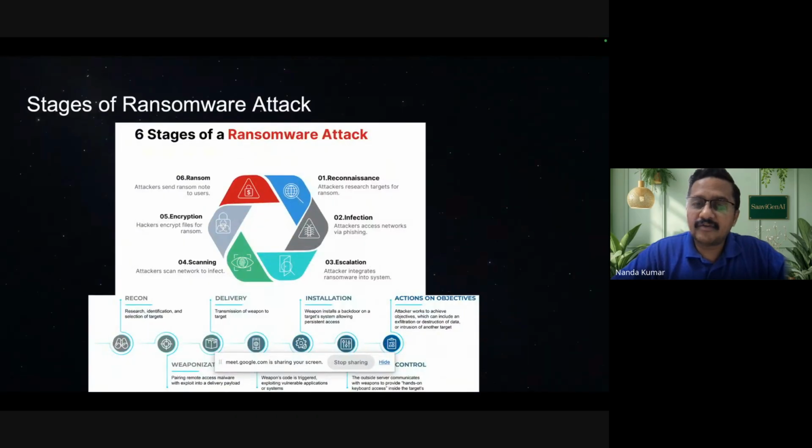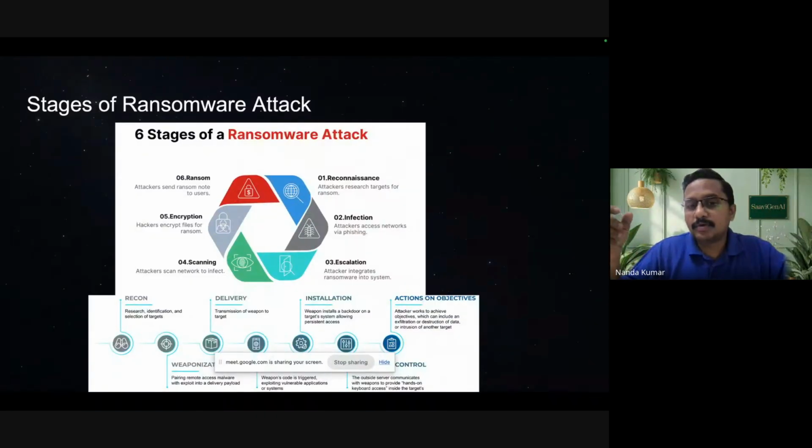Once I have an IP address, I will start scanning that entire range and see if any open ports are there. Once I know the open ports, I will try to find what service is running within that port. Once I understand what service is running, I will try to find what application is behind it, and then try to guess what existing vulnerabilities are within that service. So this is the initial reconnaissance.